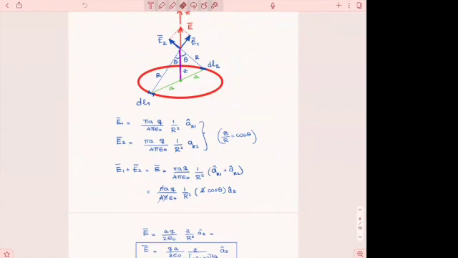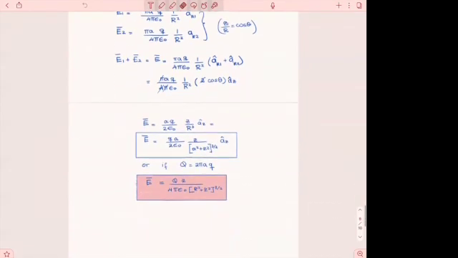However, as I move north of that, then z is not 0, and I see that I have a component which is along the z direction. All right, and that component is dependent on z, and you have the formula here.